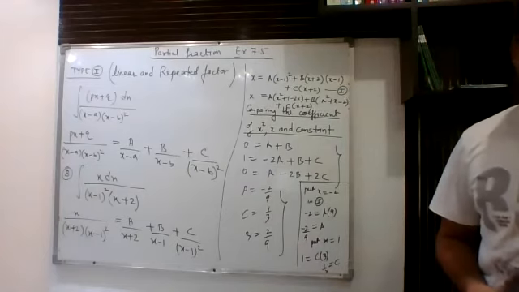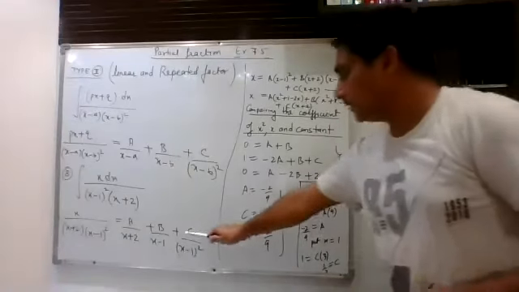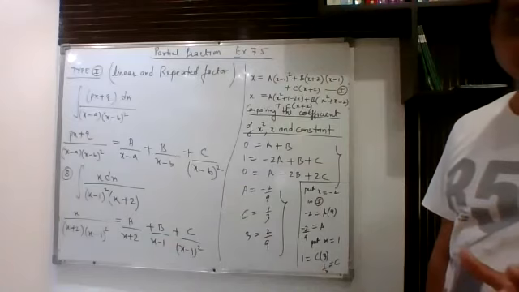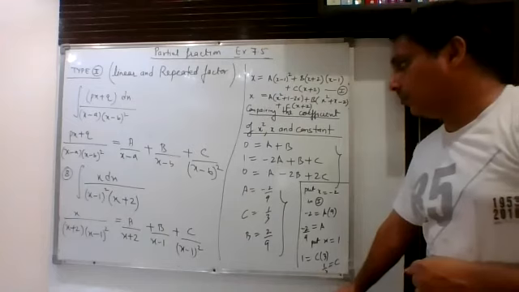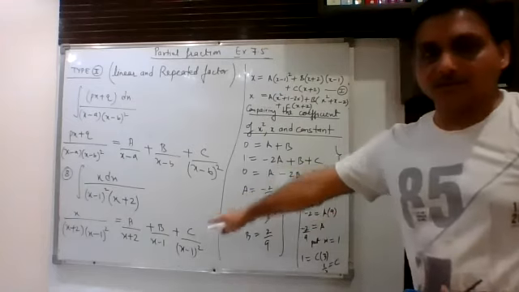Now after getting the values of a, b, c, you will substitute the values over here, break this into parts, and then integrate. So put the values of a, b, and c in this expression.